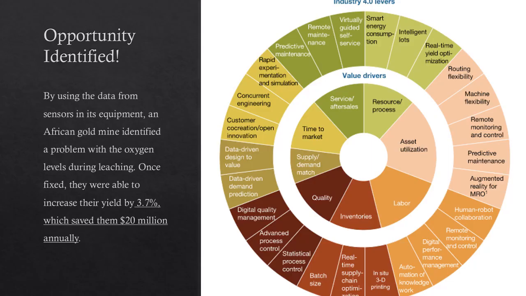There's this interesting story that an African gold mine, using artificial intelligence, identified a problem with the oxygen levels during leaching. Once they fixed that, they were able to save more than $20 million a year. Now, let's take a look at the graph on the right, which is directly related to this same case. You can see every value and variable that they analyzed and checked with the artificial intelligence to see what kind of opportunities they can get, what kind of problems they have.